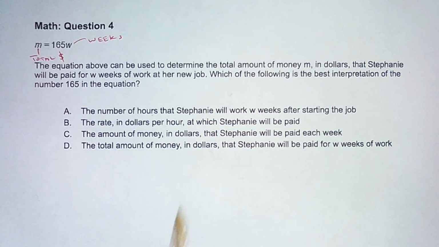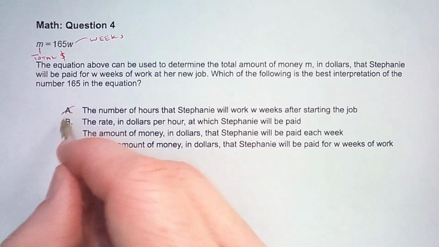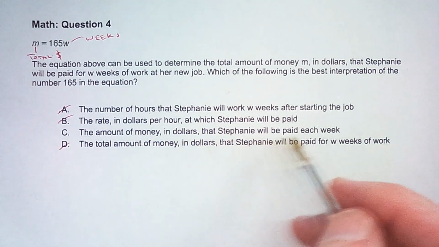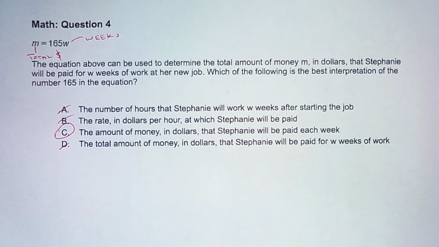Okay, so next, the amount of money in dollars Stephanie will be paid each week. Okay, dollars and weeks are put together there. So A and B are definitely a no. C seems pretty good. Let's check D. The total amount of money in dollars Stephanie will be paid. The total amount of money is M, not 165. So it's the amount of money per week that Stephanie will be making. That is option C.